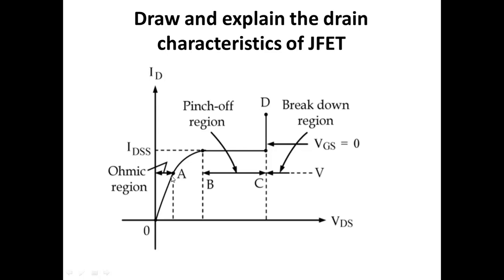Okay, it follows Ohm's law. It means that the FET behaves like an ordinary resistor till point A వరకు. Okay, up to this point A is called the knee point అంటాం అన్నమాట.